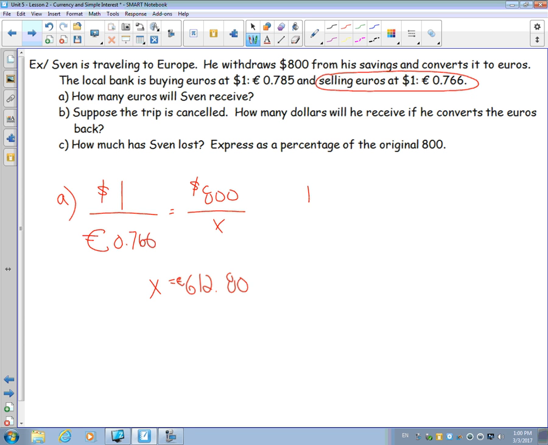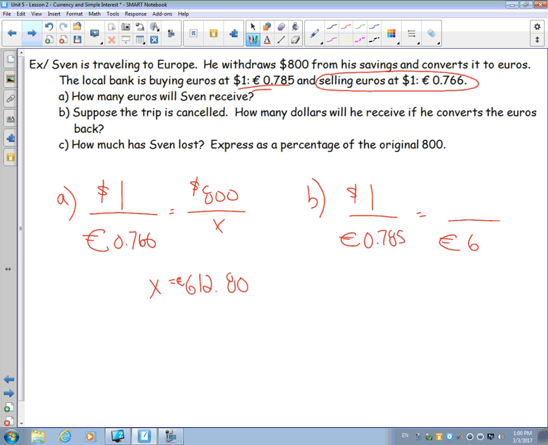In part B, trip's canceled. How many dollars will he receive if he converts the euros back? Well, now the bank has to buy his euros from him. So we have to go to the other equation this time. So $1, and they're going to buy at 0.785. What does he have? He has euros.